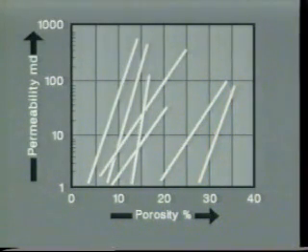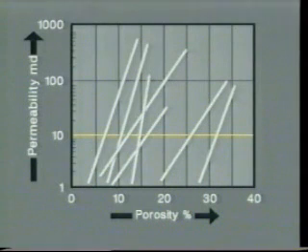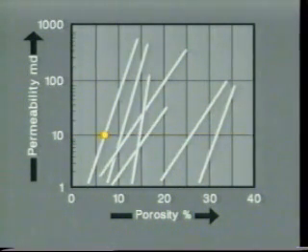But to restate our initial point that permeability and porosity are not directly related, if we look at a permeability of 10 millidarcies on the plot, we can see that porosities range from less than 10% to over 30%, depending upon rock type.